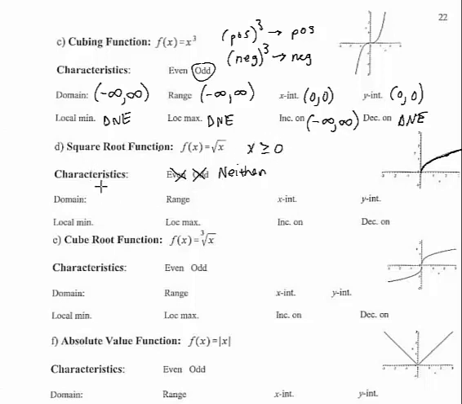So our domain is from 0 to infinity. And if you look at the graph, you can see that it simply begins at the origin and it travels to the right, covering all of the positive x values. And then the range is also from 0 to infinity. Once it begins at the origin, it travels upward.